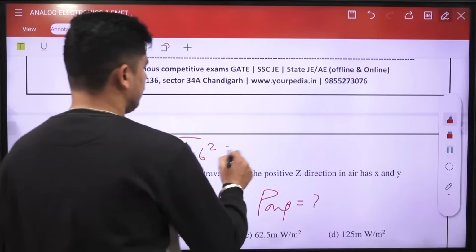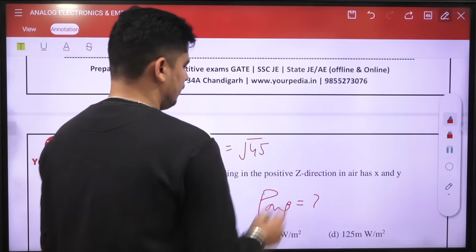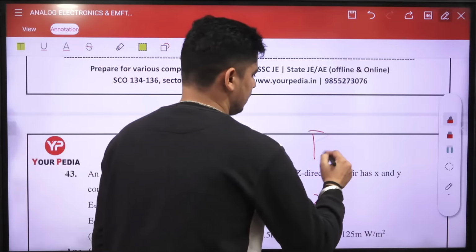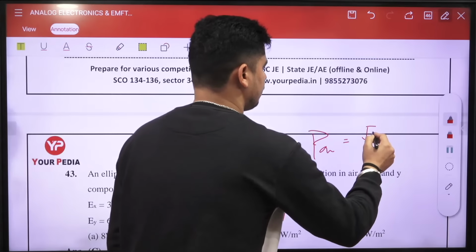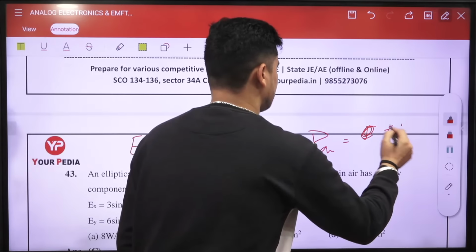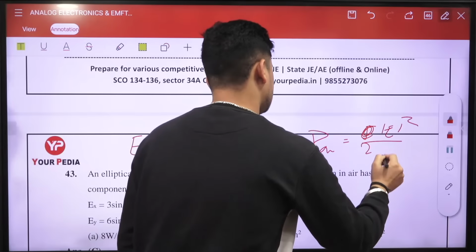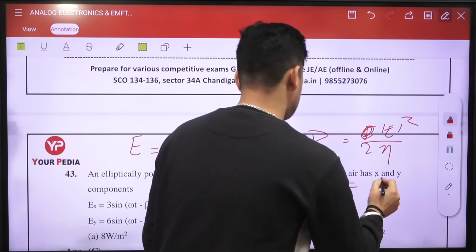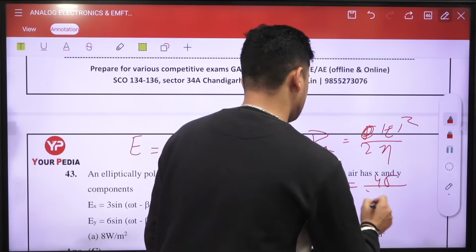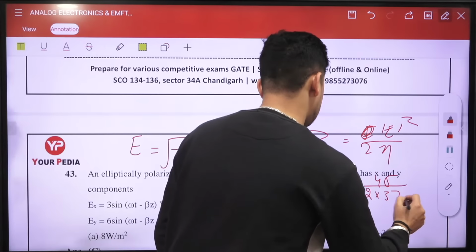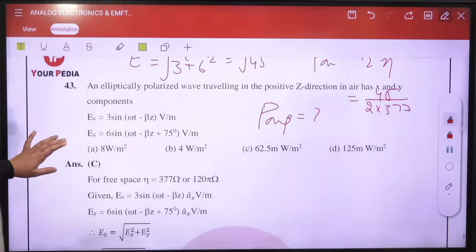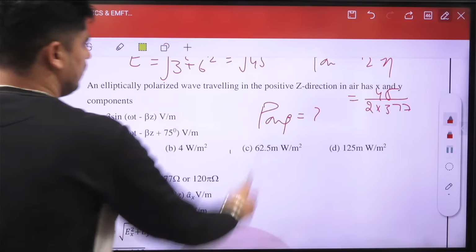This is under root of 45. Now we have to calculate the P average. That is E naught square divided by twice of eta. So E naught square is 45 divided by 2 into 377. Solve it, you will get 62.5.